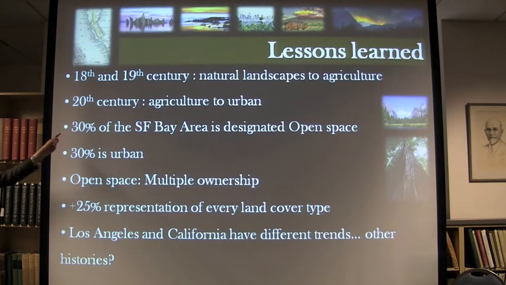About 30% of the Bay Area is designated as open space. That's pretty good and very unique in the world, I would say. 30% is also urban, and some more is predicted to encompass the continuous urban growth. As I've showed you, open space follows multiple ownerships, and this follows the trajectory of when these agencies are put into place and their mandates change towards the conservation of landscape.